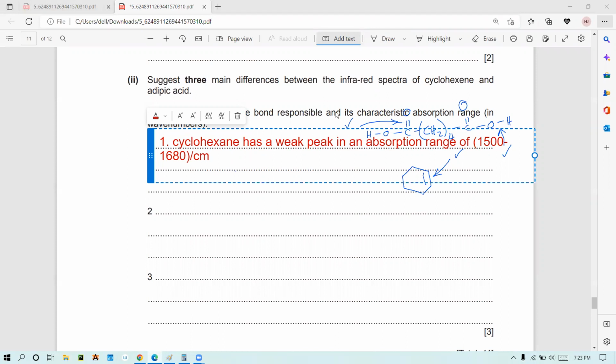Cyclohexene has a weak peak in an absorption range 1,500 to 1,680 due to the absorption by carbon double bond carbon. This is one.